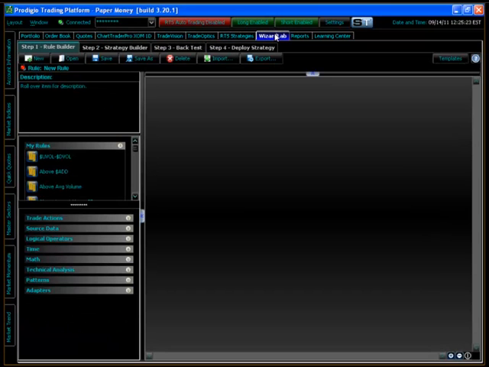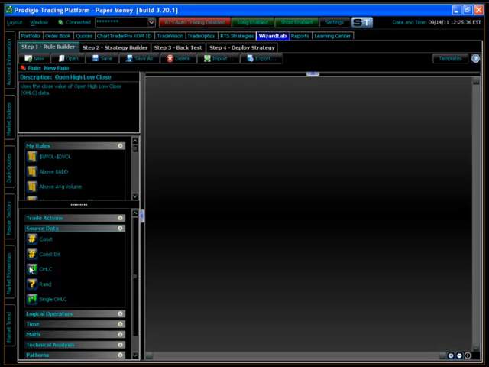So let's click over on our Wizard Lab tab. Wizard Lab allows you to create strategies by building rules that end in signals. We have a drag and drop user interface, which gives you a no coding required way to set up all of this logic.